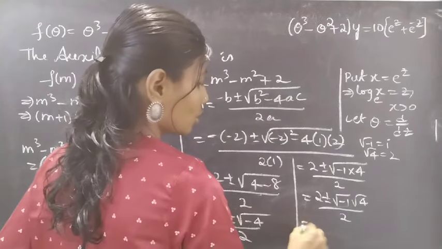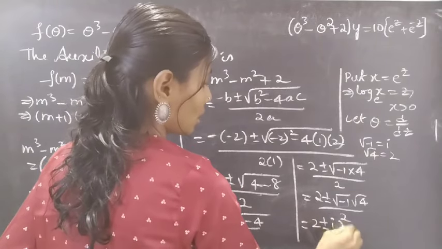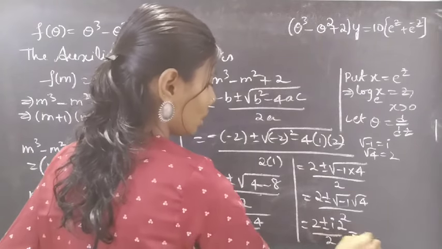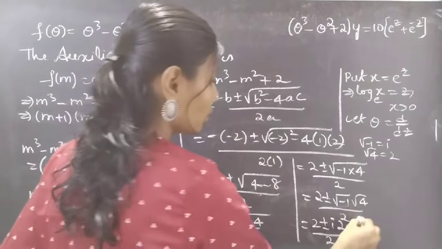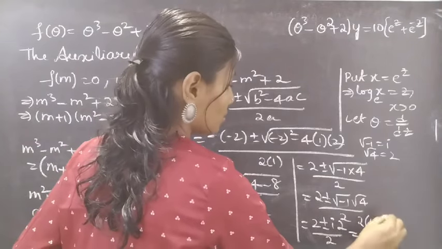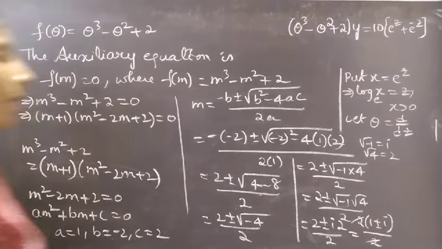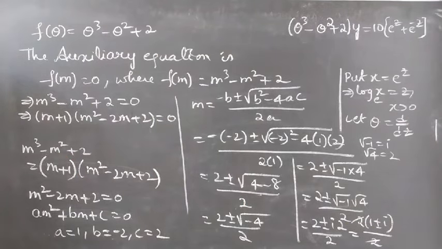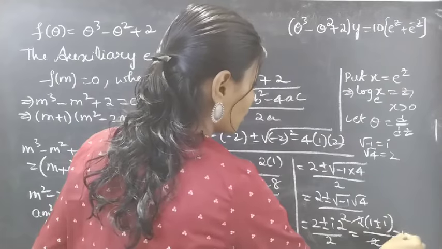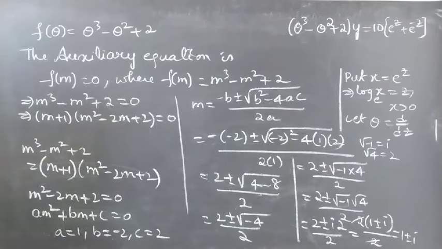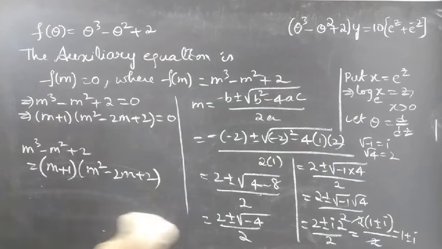Then this becomes 2 plus or minus i into 2 by 2. Right? Now take 2 common from the numerator. You will get 2 times 1 plus or minus i by 2. Now cancel 2 from the numerator and the denominator. Then you will get 1 plus or minus i, which are roots of this equation. Right? Fine.